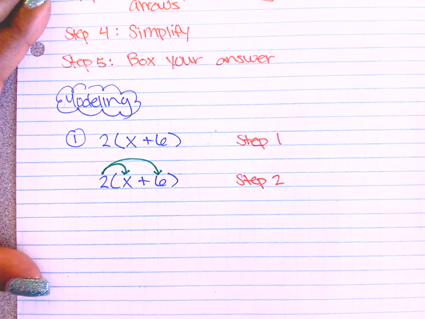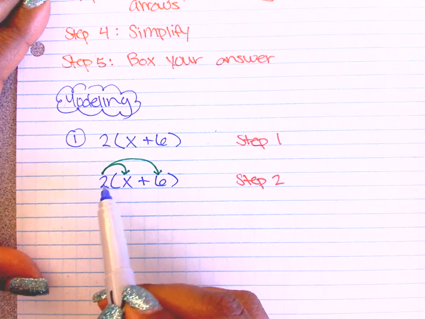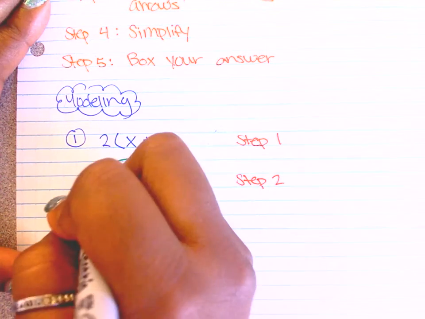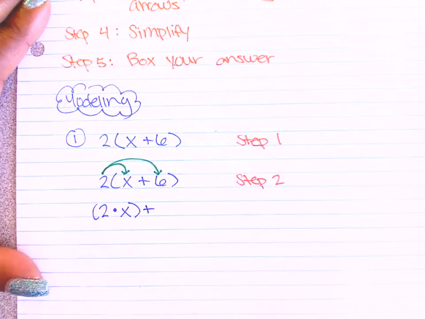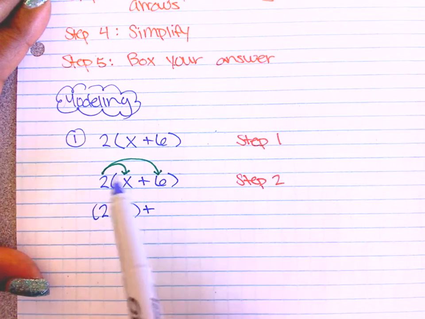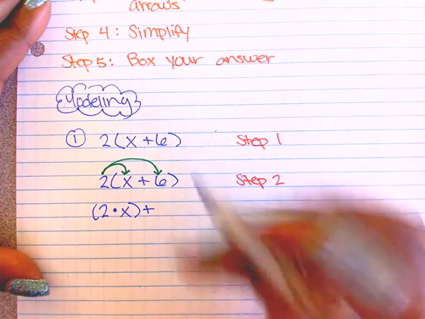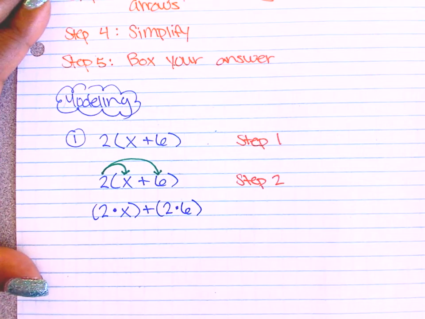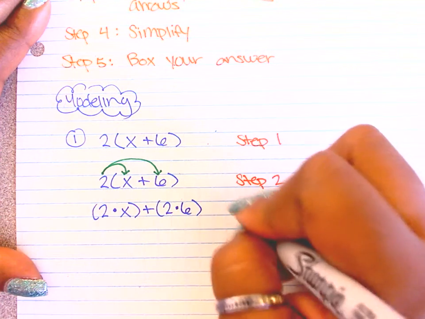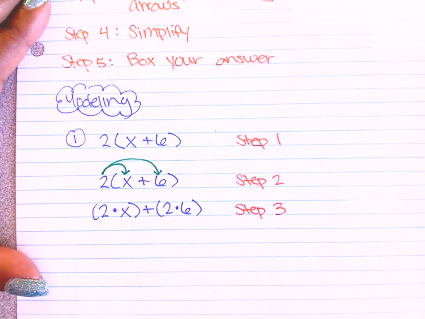So then I think to myself, okay, I'm going to follow the arrows. 2 times x is my first one. 2 times x plus, follow the next arrow, 2 times 6. Does everyone see why I draw the arrows now? It tells you where to multiply.